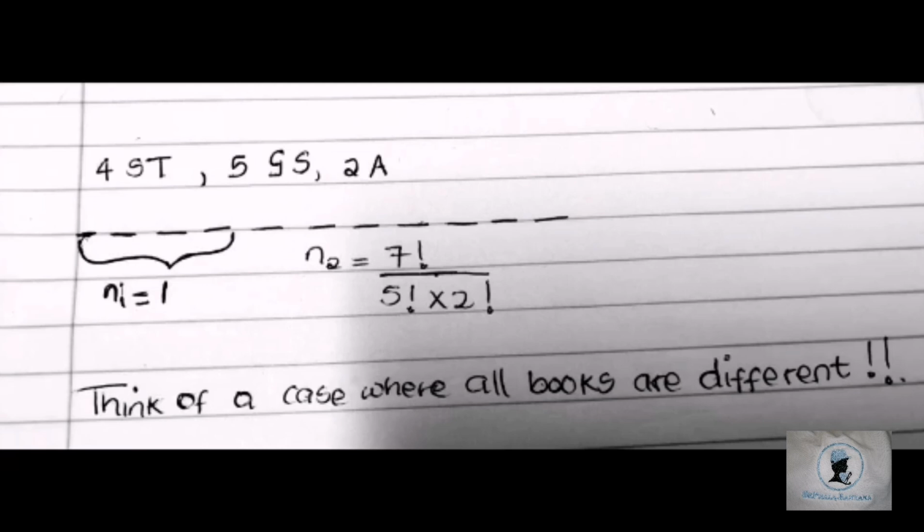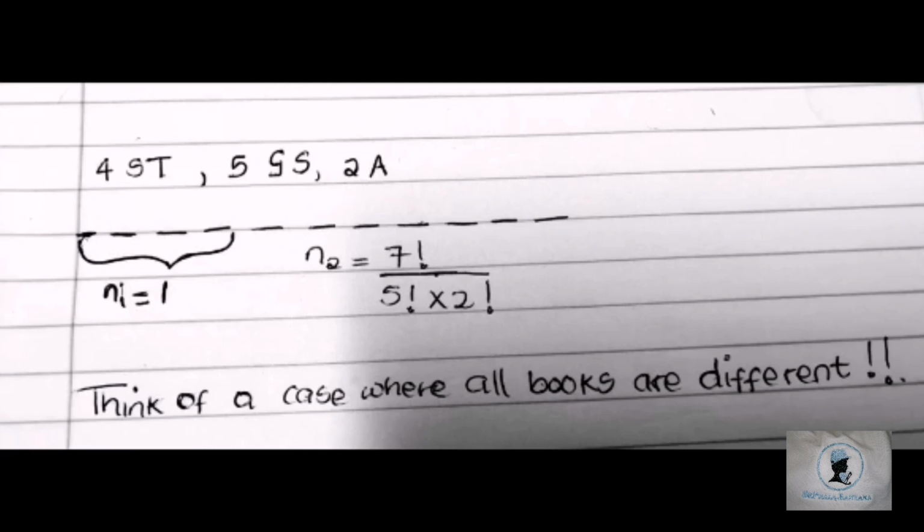I hope you understand. And for the other 7 remaining books, the 5 for the geological structures and the other 2 that are algebra books, we can place them in 7 factorial divided by 5 factorial times 2 factorial ways, and your sample space is going to be n1 times n2. So this is the case whereby they told us that the books are identical.